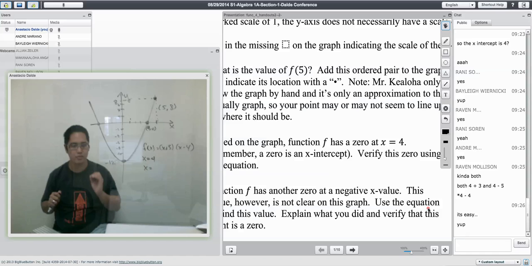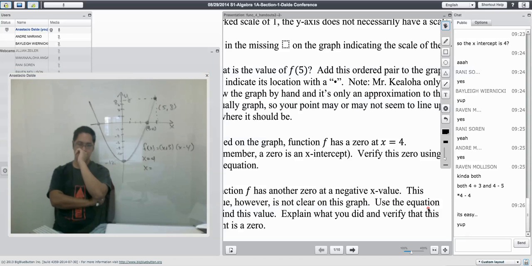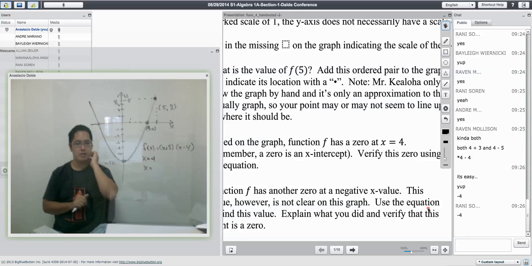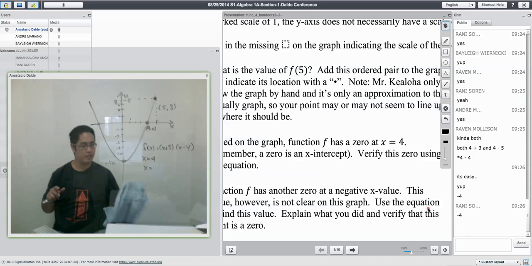What other number would you like to try to plug into this equation to make it equal to 0? I'll give you a hint. All right, Raven says -4. Let's try it.